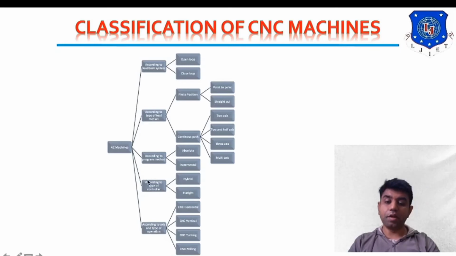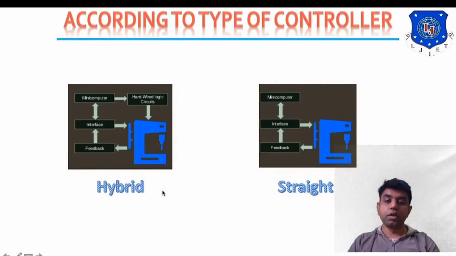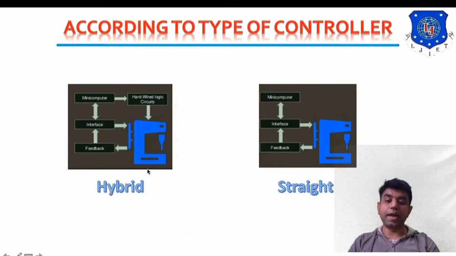Still, I will try to elaborate on this fourth category, that is according to the type of controller. As per the type of controller, we have these two categories, that is hybrid and straight controller. In the case of hybrid, we have one more unit, that is hardwired logic circuits, whereas in the straight type you won't find that.